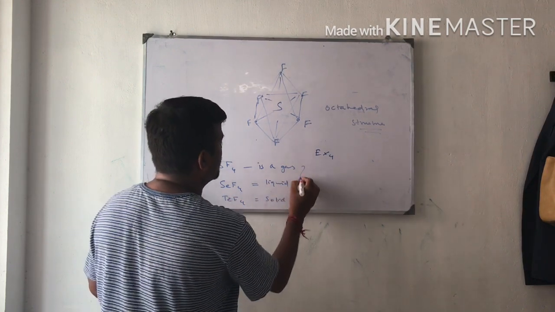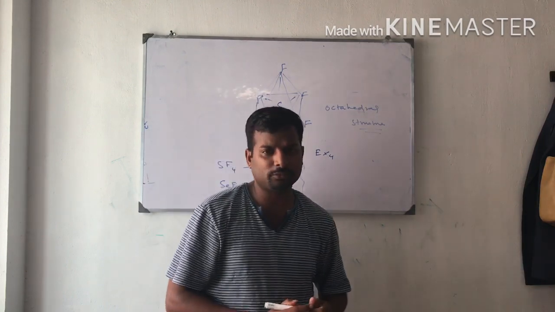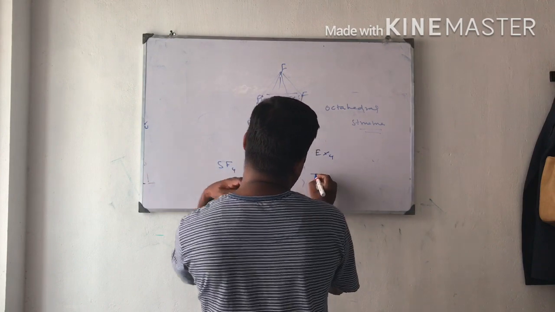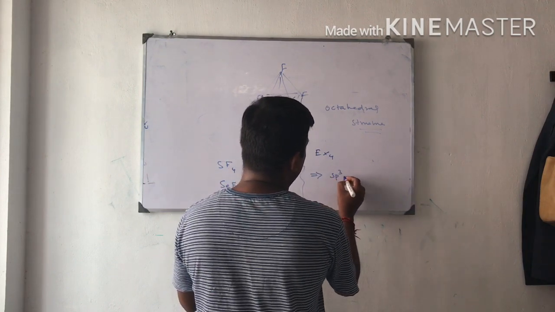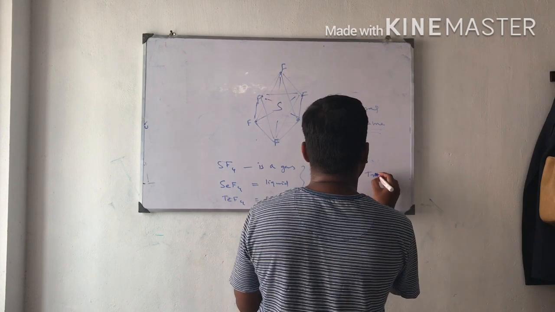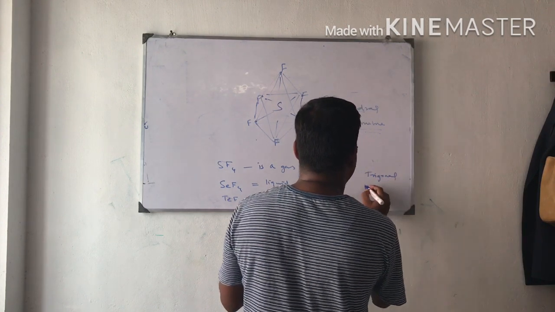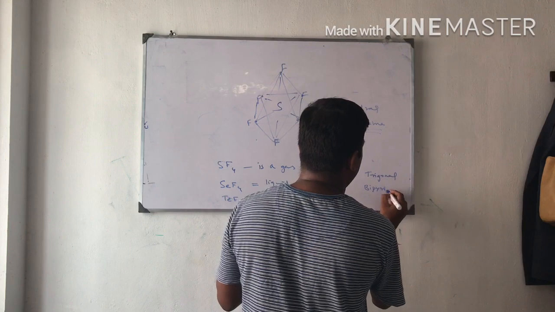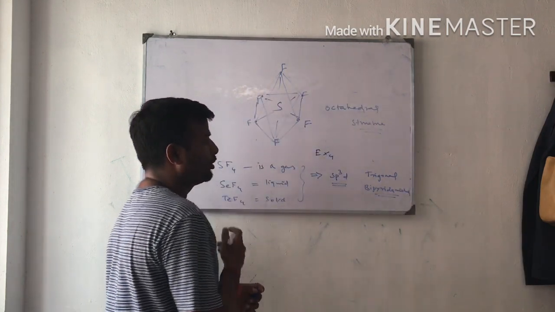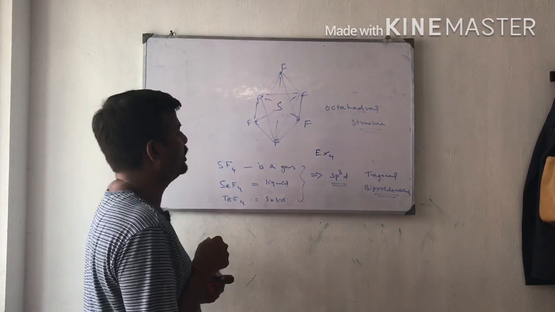This is the nature of the compounds. The hybridization is sp3d type, and the structure is trigonal bipyramidal. SF4 has a trigonal bipyramidal structure.